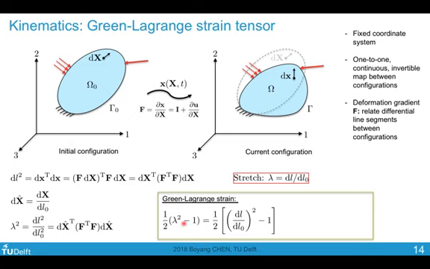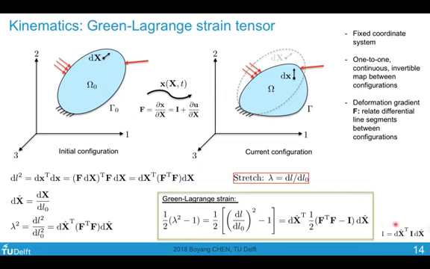You break this expression into lambda plus 1 times lambda minus 1. In the limit where lambda is close to 1, you have 1/2 times (lambda plus 1), which gives you close to 1, and then times lambda minus 1, which is your engineering strain. So in the limit of lambda equals 1, which means very small stretch, this is the same as engineering strain.